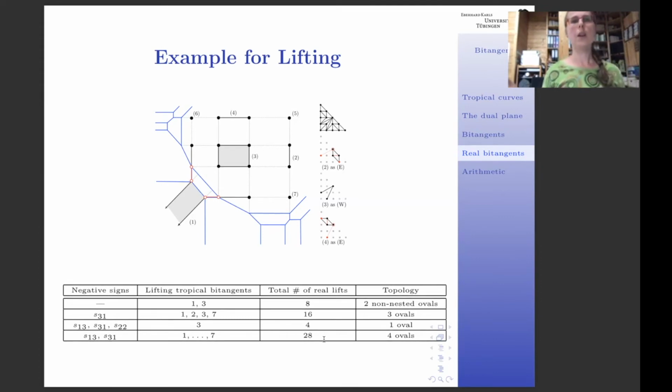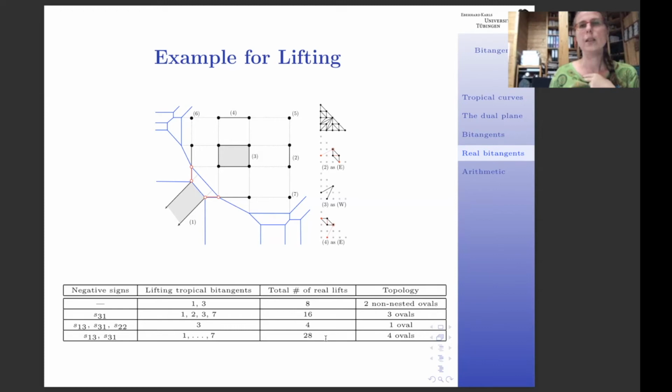Yeah. So Plücker already told us that for a real quartic, we can have 4, 8, 16, or 28 bitangents. Depending on the topology, which is listed here, you can have 4 ovals, or 3 or 2 non-nested in this case, or 1 oval.